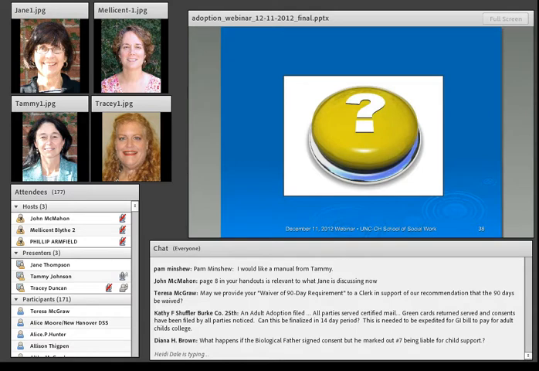It's at that point that it's up to the clerk to decide whether or not they would like to do a 5-day notice of dismissal.